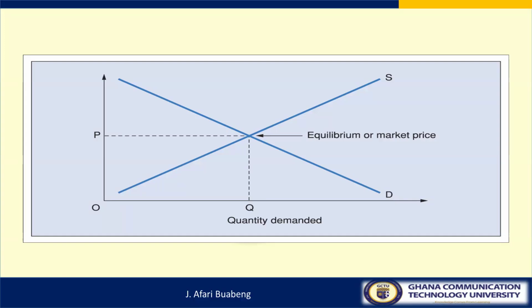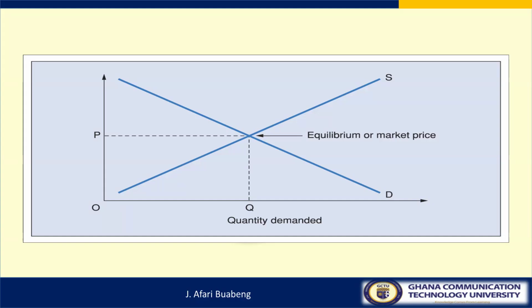So when equilibrium is achieved, quantity demanded is equal to quantity supplied. At that point, there are no excesses, there are no shortages. And this can only be achieved when the forces of demand and supply are at work. So here, there is no influence coming from anyone apart from the forces of demand and supply.